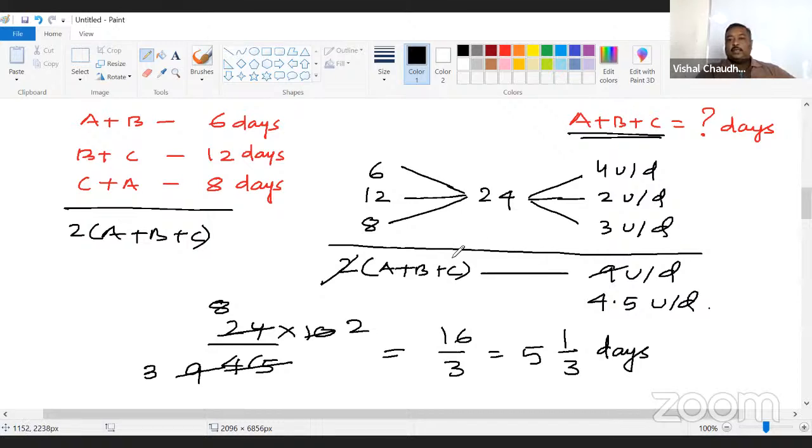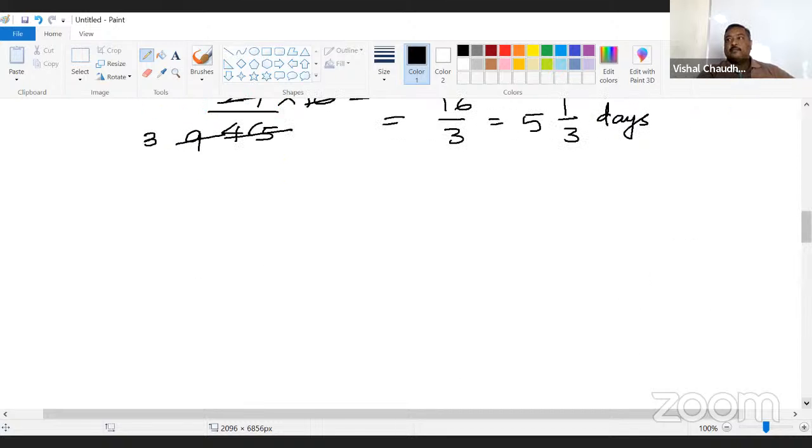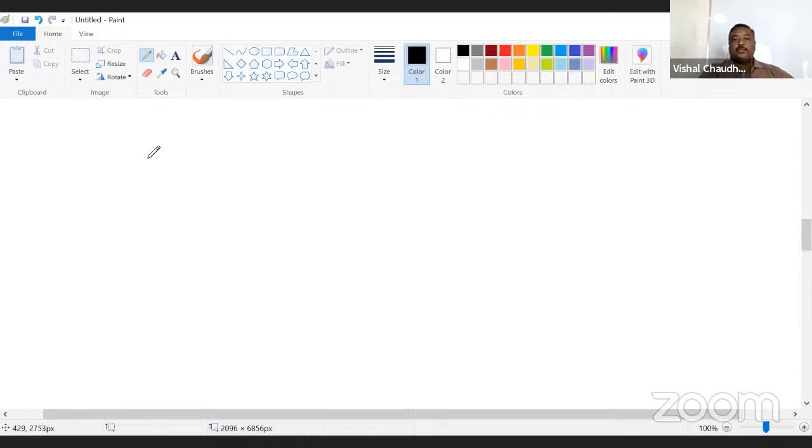Now, in the same question, you can find out individually A can do it in how many days, B can do it in how many days, and C can do it in how many days. Now see how. The question says A plus B 6 days, B plus C 12 days, and C plus A 8 days.